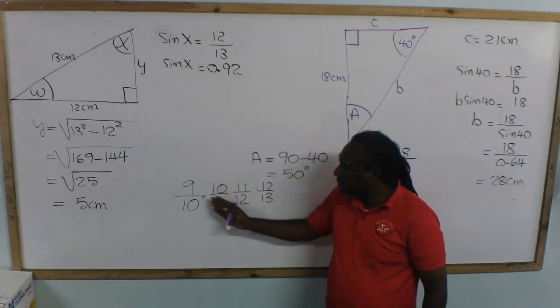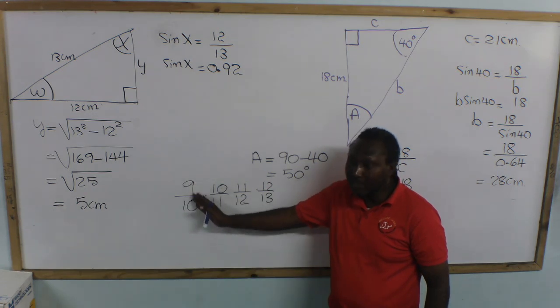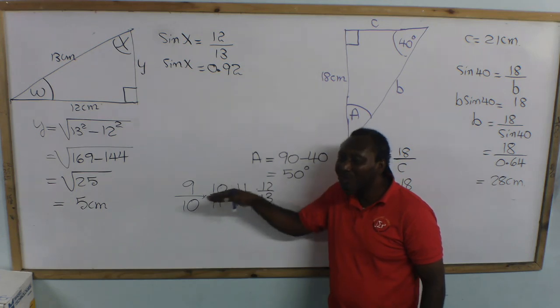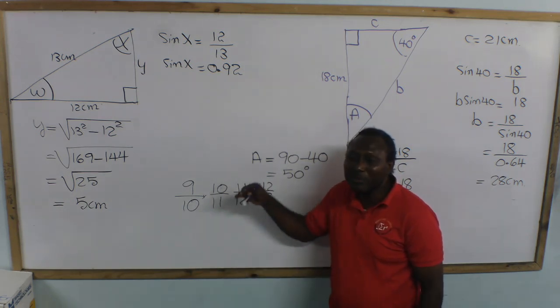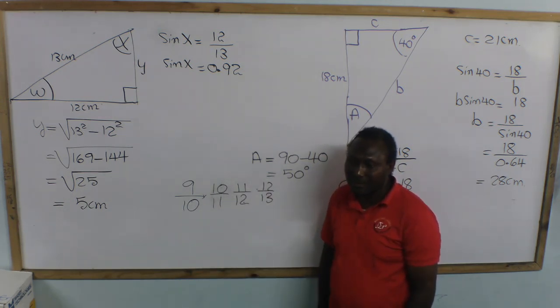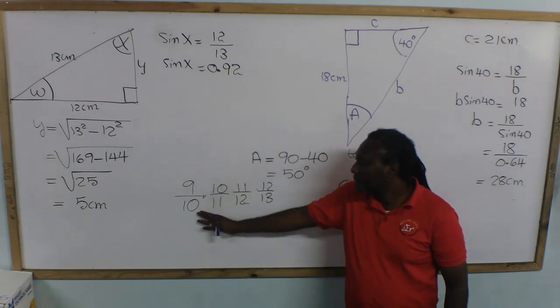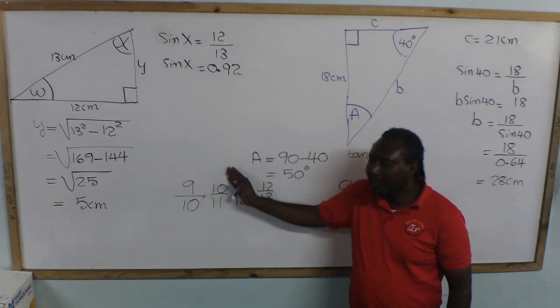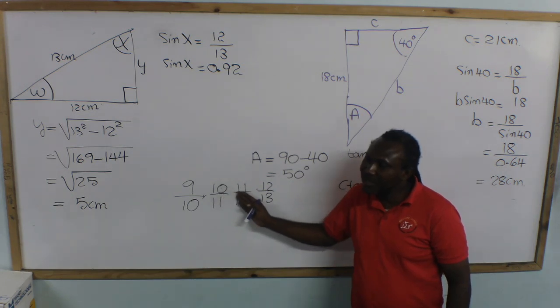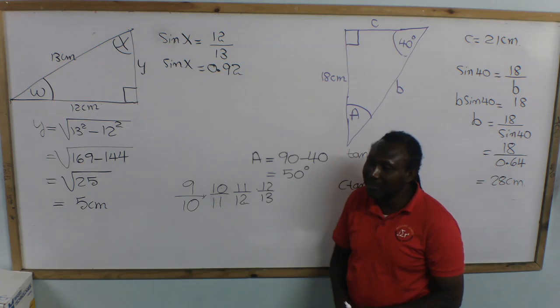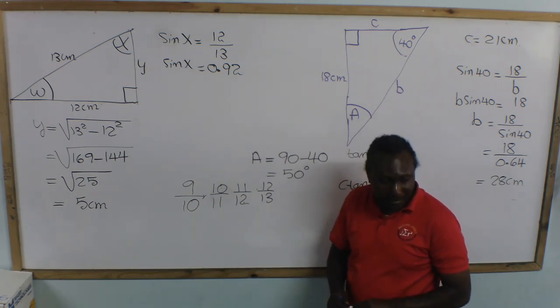If this is 9 over 10, which is 0.9, then 12 over 13 must be more than 0.9. Understand that? As soon as you get to 9 over 10, which is 0.9, this should be a little bit greater all the time. So I'm sure that it's actually 0.9 something.